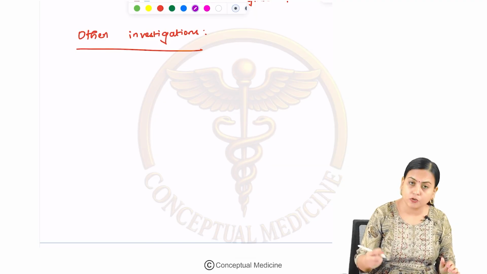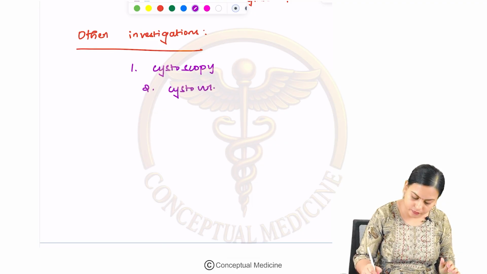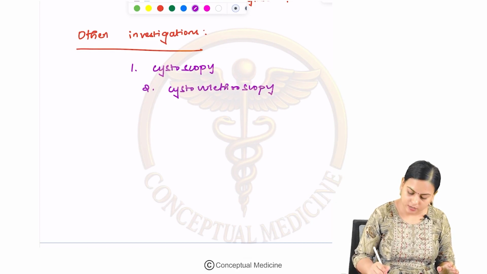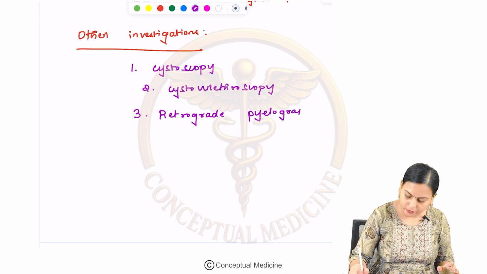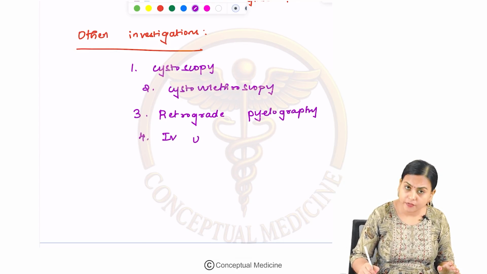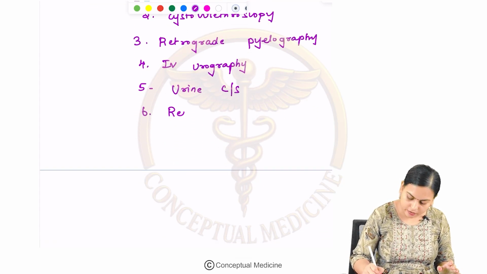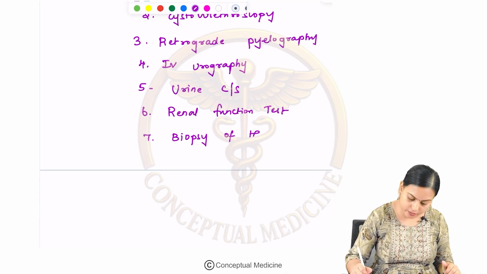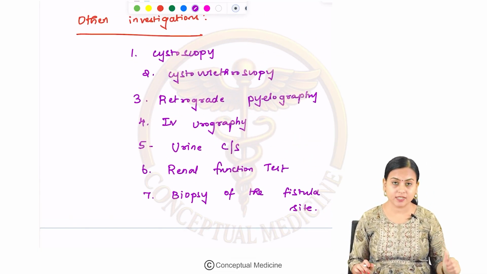Other investigations include cystoscopy, cysto-urethroscopy, then retrograde pyelography, intravenous urography, urine culture and sensitivity, renal function test, and then you have to also take a biopsy of the fistula site. Okay. So, these are the various other investigations that can be offered, right?